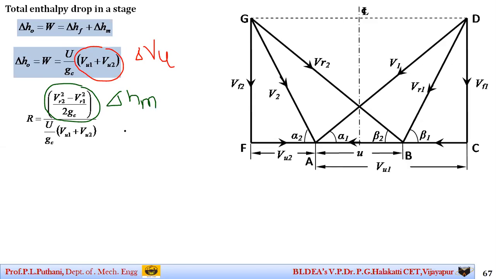to the sum of both the moving and fixed blades together, that is, we are including delta H naught, the sum of both moving and fixed blades together.